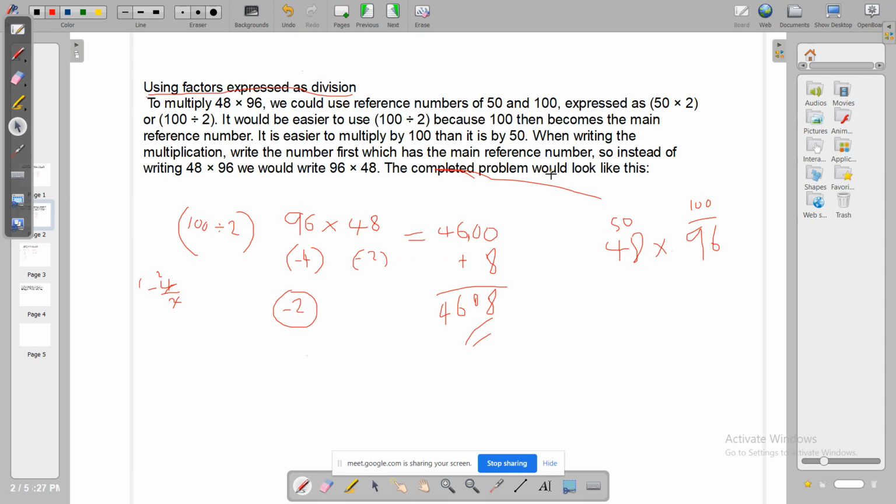So we want to use a division. If you are going to use a multiplication, then the reference number that you can pick can also change.